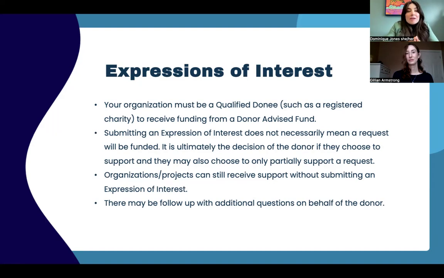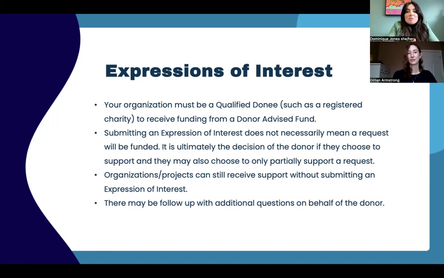The most easily recognized example of a qualified donee is a registered charity. The reason for this is how we are established through CRA. When we are granting gifts out to organizations, those organizations must be qualified donees.